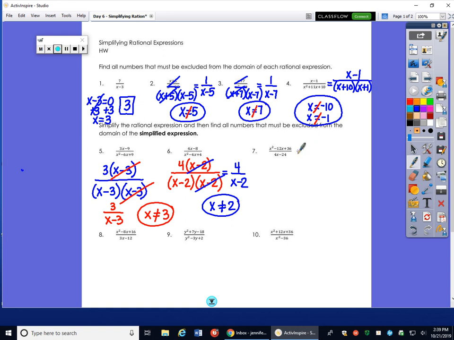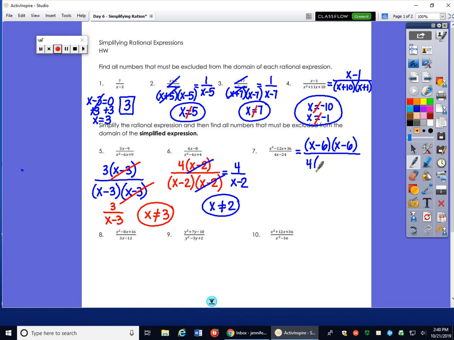Okay, on the next one, the top, we're looking for two factors of 36 that add up to negative 12. That's going to be negative 6 and negative 6. So negative 6 times negative 6 is 36, and negative 6 and negative 6 is negative 12.